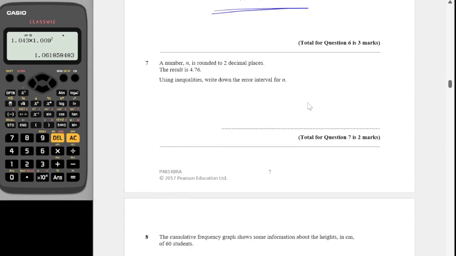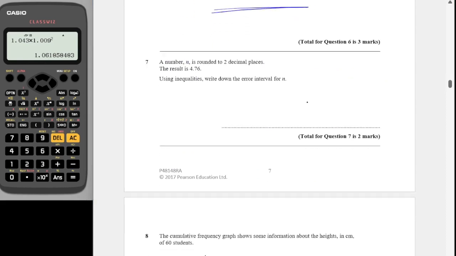Okay, a number n is rounded to 2 decimal places. The result is 4.76. Using inequalities, write down the error interval. So the smallest that number could be would be 4.755, and the largest that number could be would be 4.765.